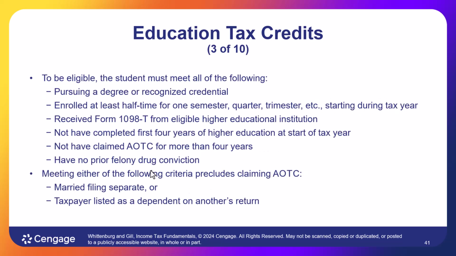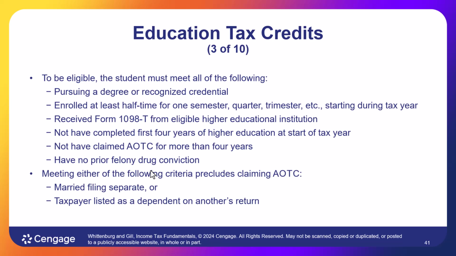To be eligible, you must meet the following: pursuing a degree or recognized credential and enrolled at least half-time for 1 semester, quarter, or trimester during the tax year. You must receive a Form 1098-T from the higher education institution, not have completed your first 4 years of higher education at the start of the tax year, not have claimed more than 4 years of AOTC, and you cannot have a prior felony drug conviction.